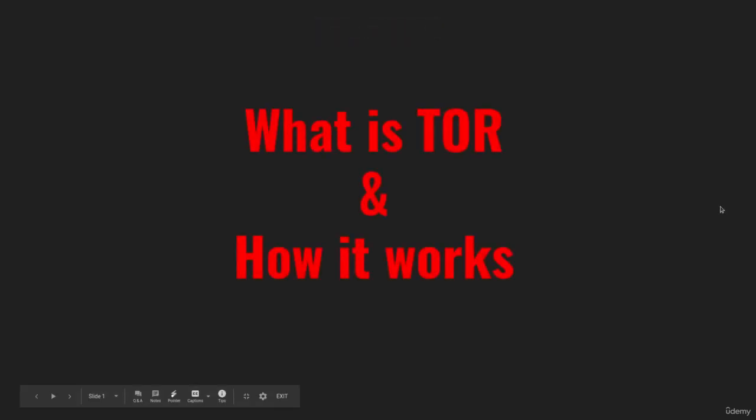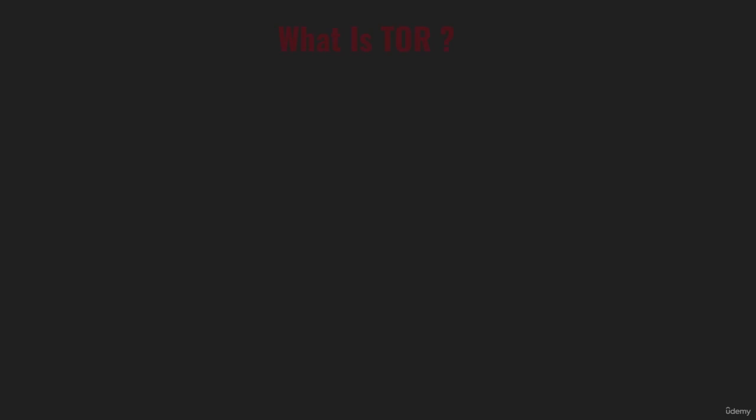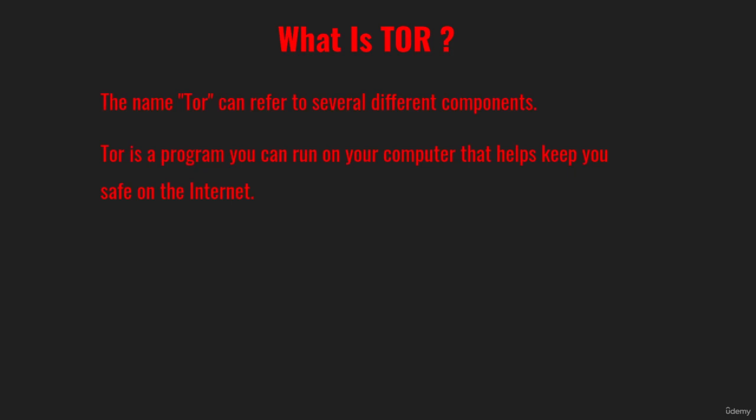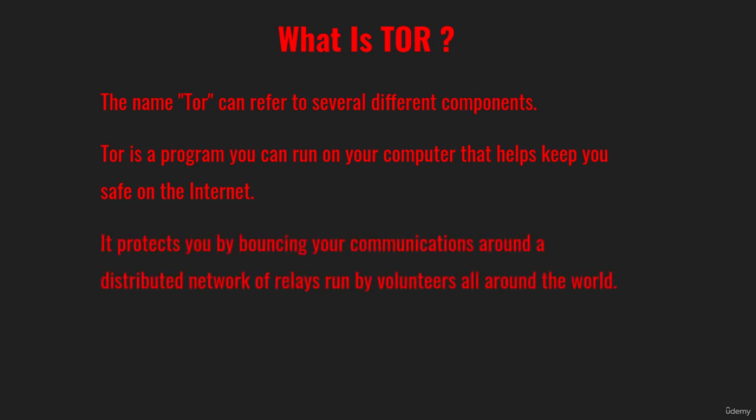Now, what is Tor and how does it work? The name Tor can refer to several different components. Tor is a program that you can run on your computer that helps keep you safe on the internet. It protects you by bouncing your communications around a distributed network of relays run by volunteers all around the world.